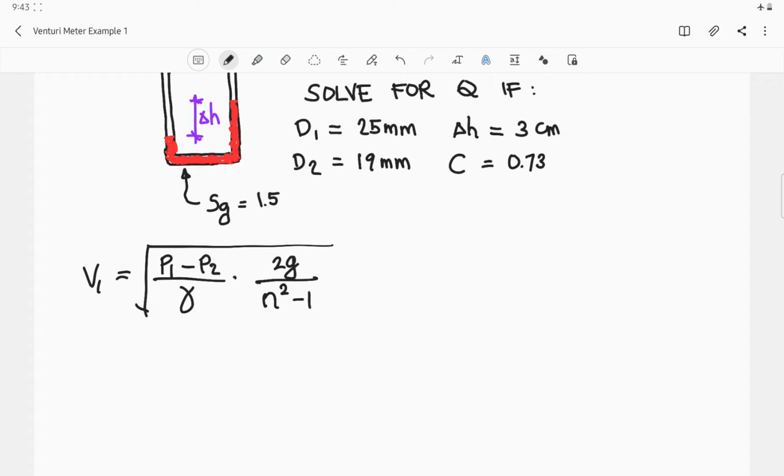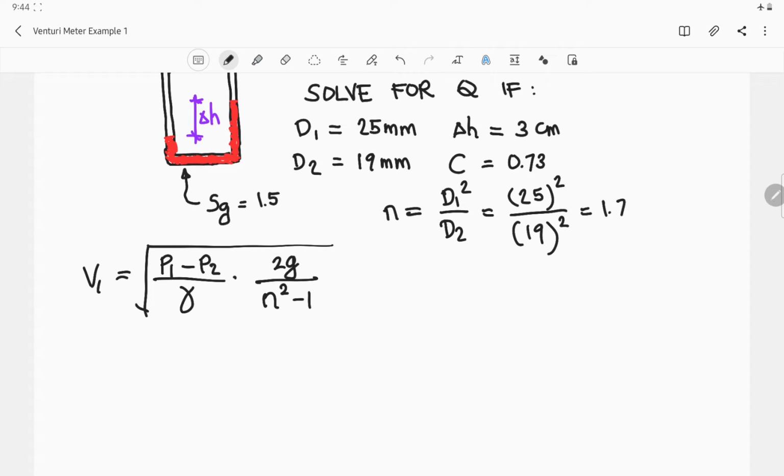For n, by the way, we can solve for n. N is d1 squared over d2 squared. That is 25 squared over 19 squared. How much? Let me get the calculator. So 25 over 19 squared. That's 1.73.